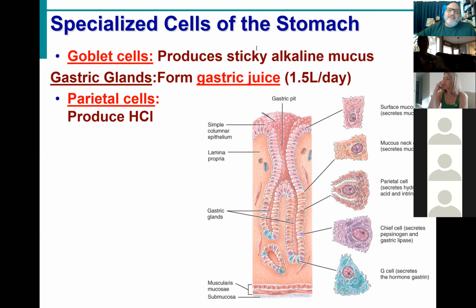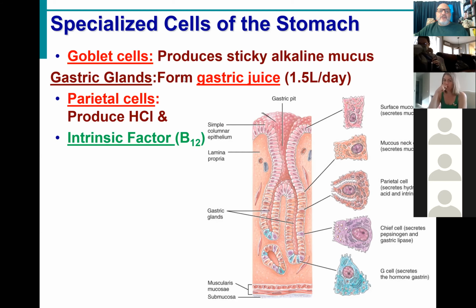The one thing that your stomach does that you cannot live without actually is done by these parietal cells. These parietal cells not only produce hydrochloric acid, but they also produce a substance called intrinsic factor.